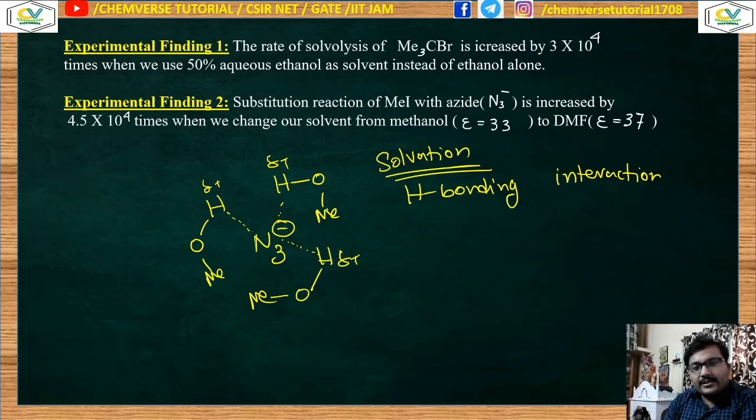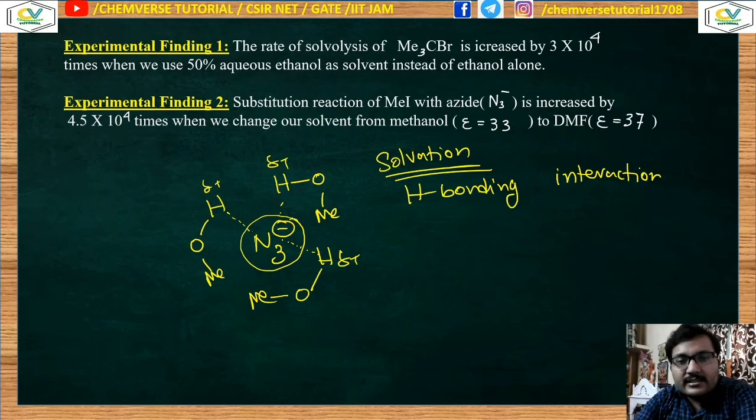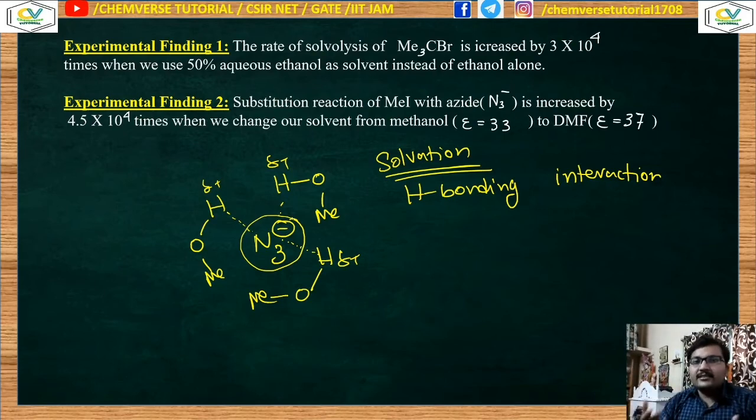So due to this kind of interaction, this negative charge is surrounded by the positive ends of the methanol molecules, that means the protic solvent, which is forming the hydrogen bonding. So the negative charge density to some extent decreases, and if the negative charge density over the nucleophile decreases, this will decrease the nucleophilicity, because nucleophilicity means the donor ability. Higher the charge density over the donor center of any nucleophile, higher will be the nucleophilicity.